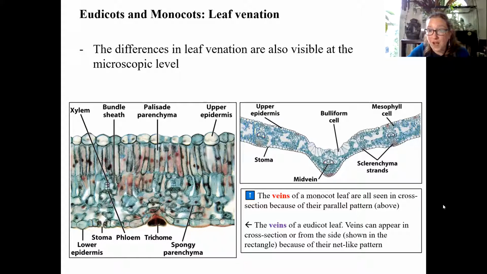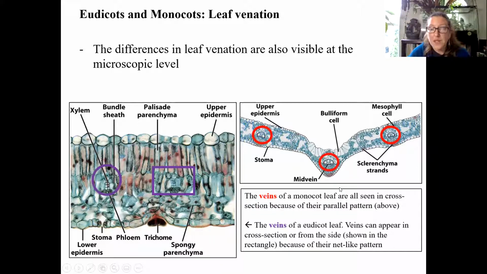So for the veins on the monocot leaf, which is on the right, it's color coded for your convenience. Monocot veins in leaves are going to be coming at you if you do a cross section because they're all parallel. Whereas the dicot leaves, you're not going to see the veins coming at you in the same way.